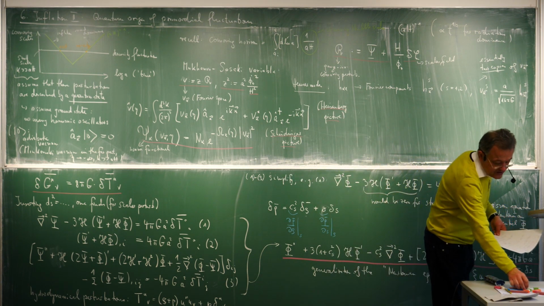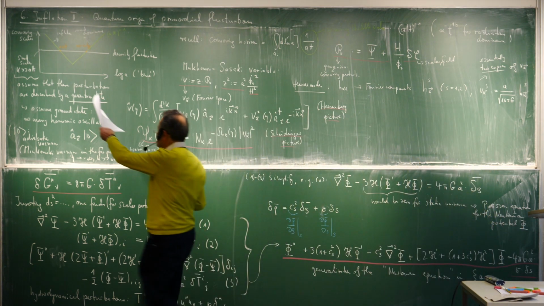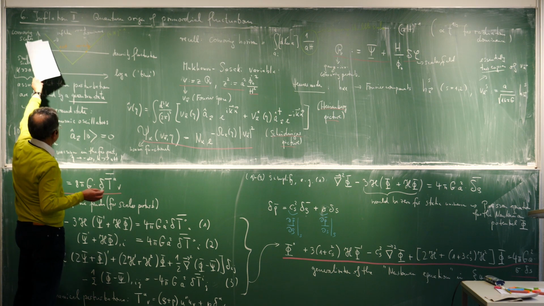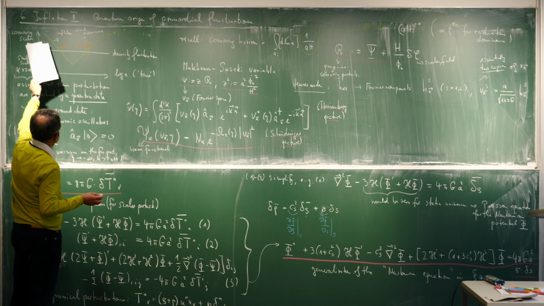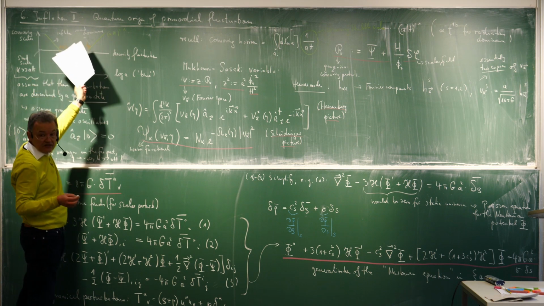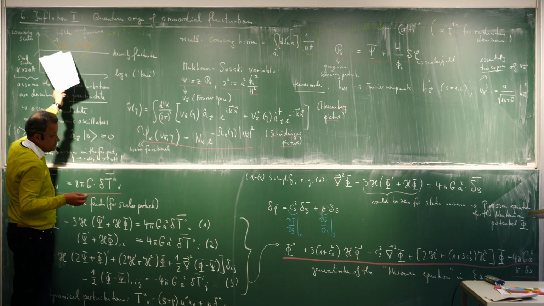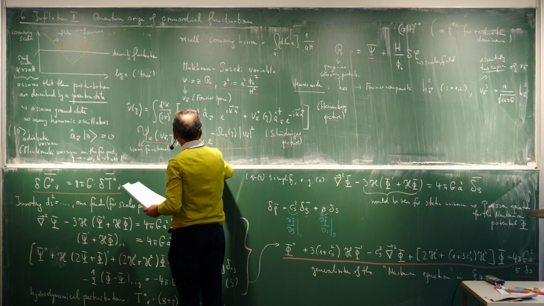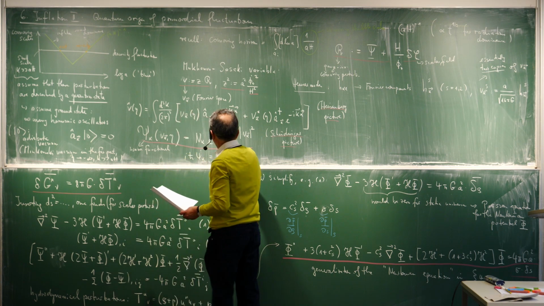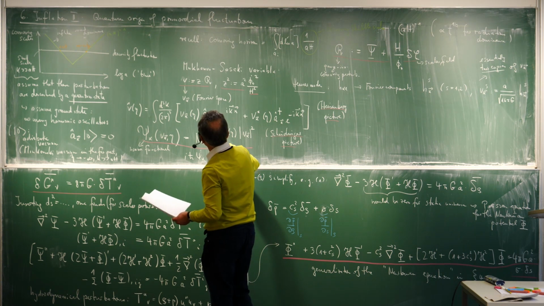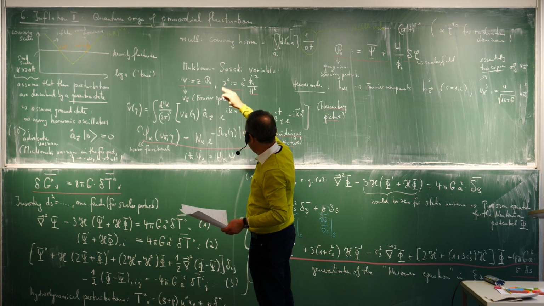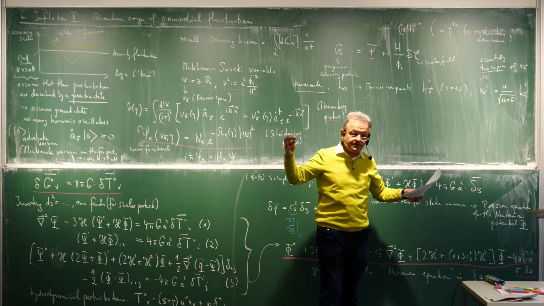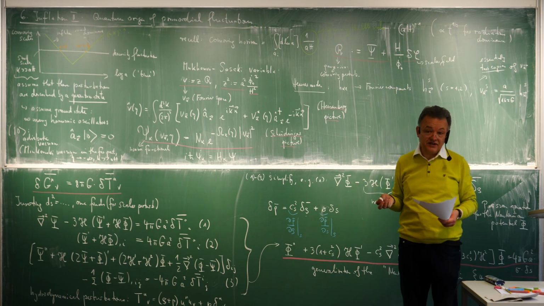If you take this as an initial condition, then of course you have to evolve it, and you have to evolve it on the background of this expanding universe, which is first inflation and then radiation dominance. You have to solve the Schrödinger equation, i h bar psi_k dot equals H_k psi_k, with the Hamiltonians that you write down for these modes. Because of the expanding universe, they will not stay in the ground state.